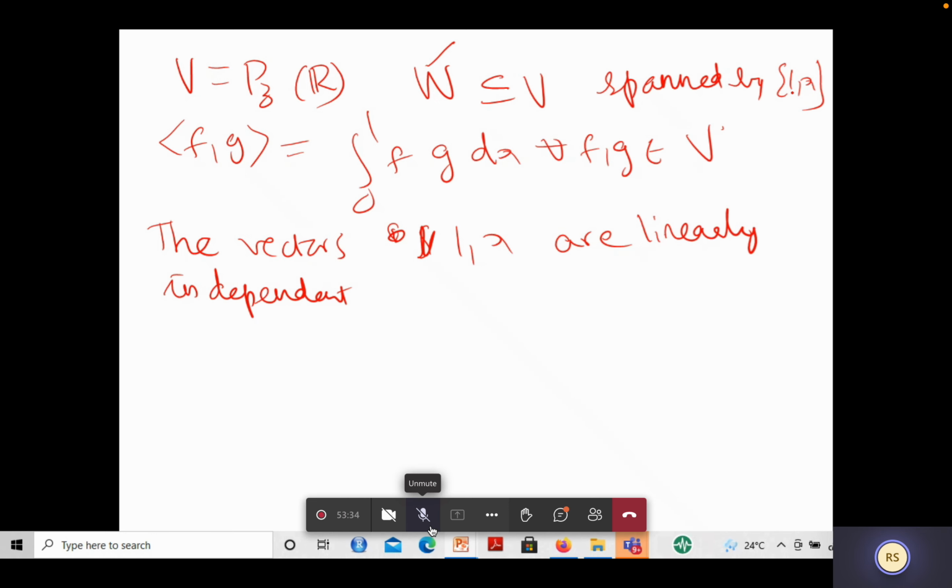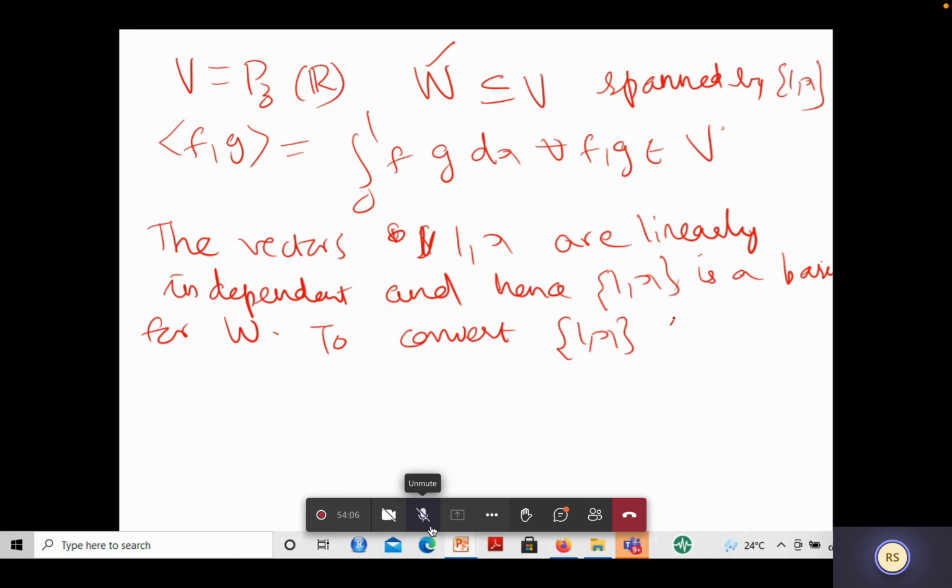So first we need to check whether they are linearly independent, then it forms a basis, then we have to find the orthonormal basis. Orthonormal basis, of course, we need not do because we have already done this problem just now. Linearly independent, and hence this set is a basis for W.